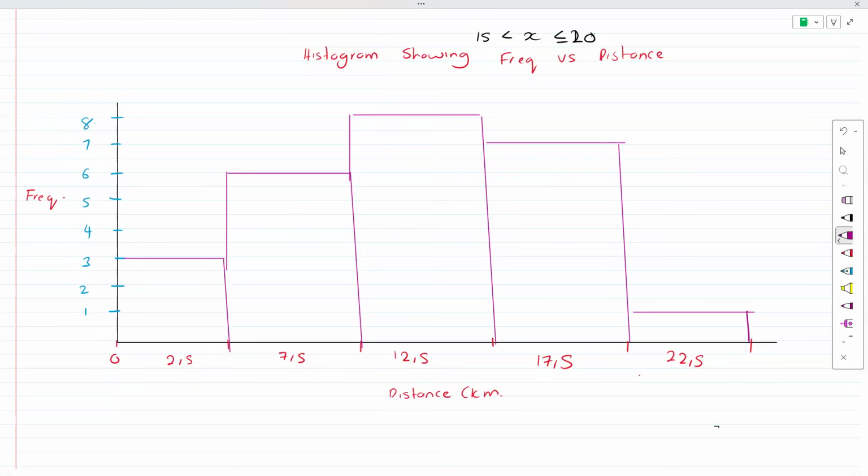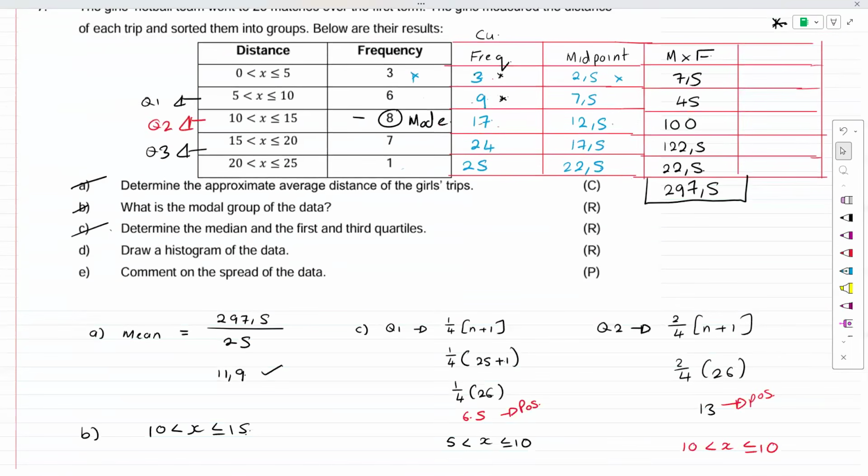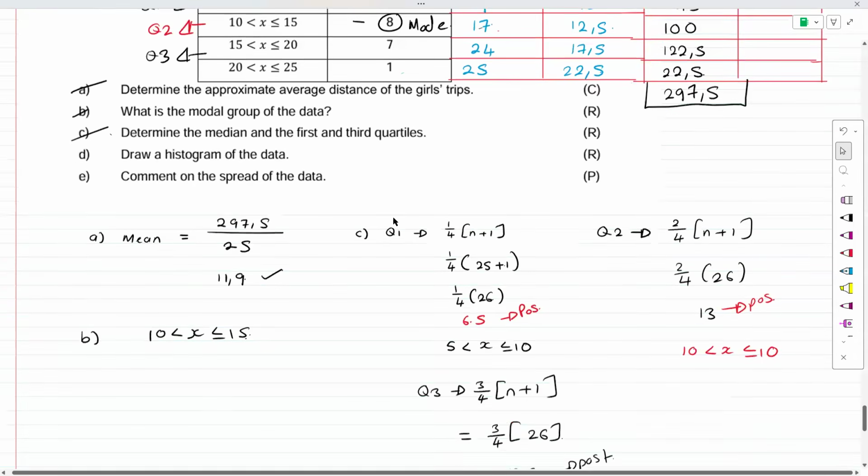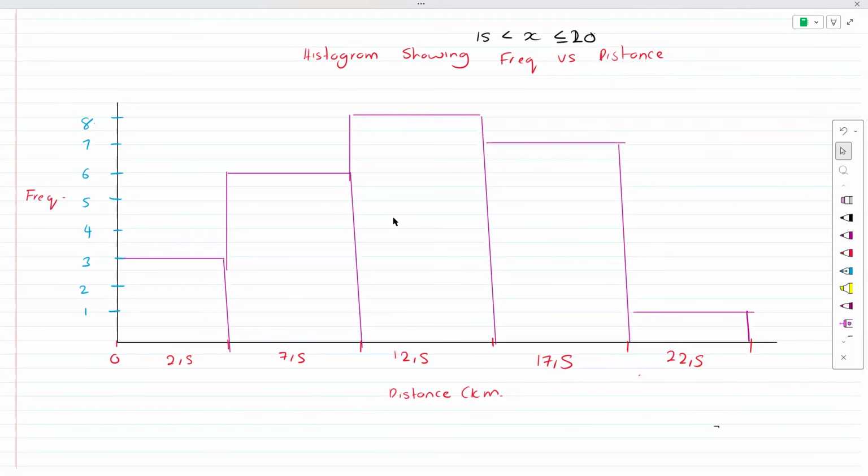And that's all there is to this histogram, right? They want us to comment on the skewness of the data or the spread of the data. It's up to you, right? We could say it's skewed to the right. Most of the data is between 5 and 20.